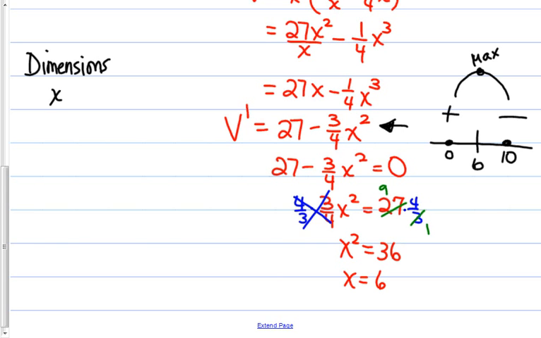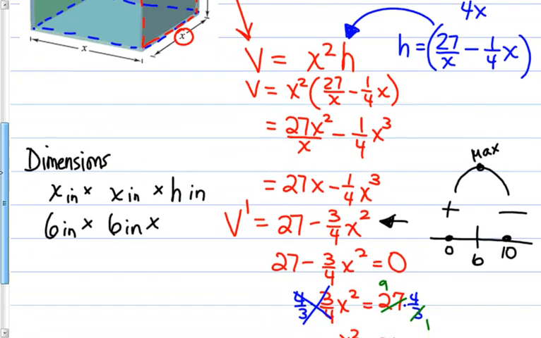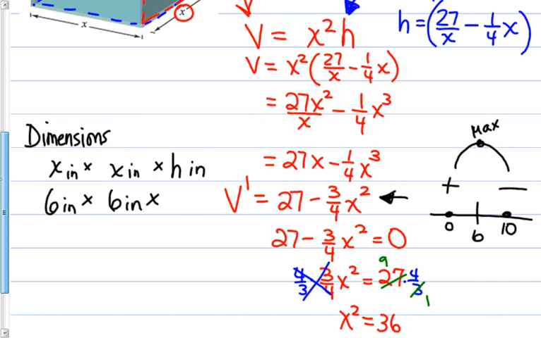would have been x times x, in inches, I believe, times h. So x is 6, so 6 inches times 6 inches times h, and of course if I want to find h, I'm going to have to plug it in. There's h right there in the blue. This is what I'm going to have to use to find h. I'm going to write it over here.